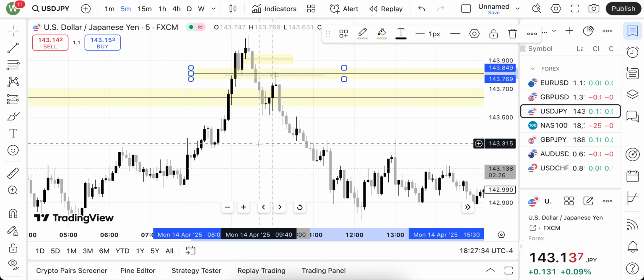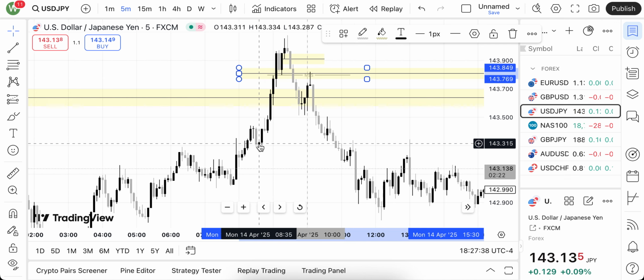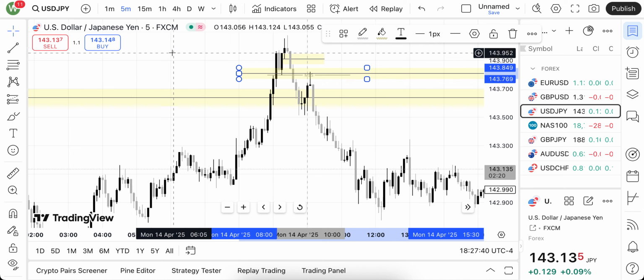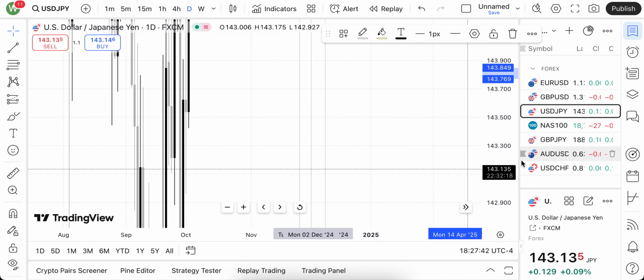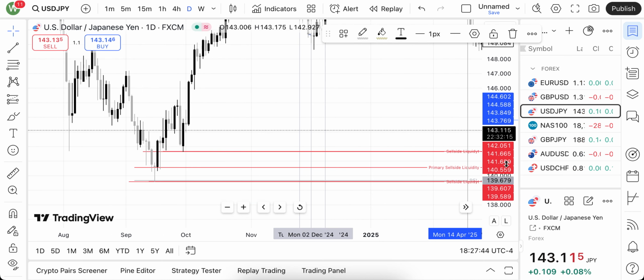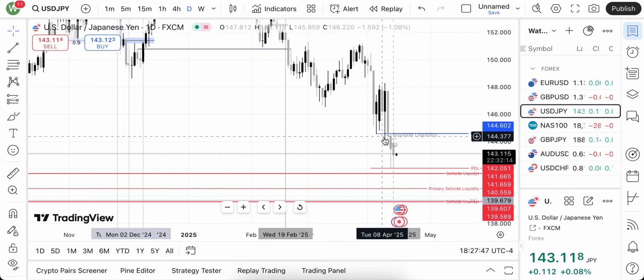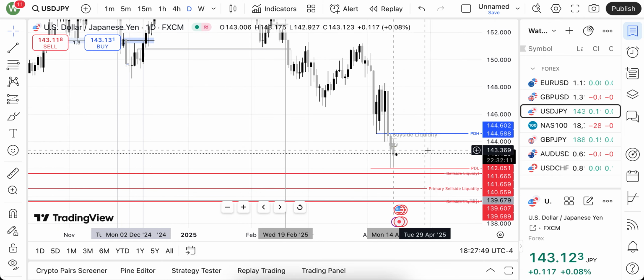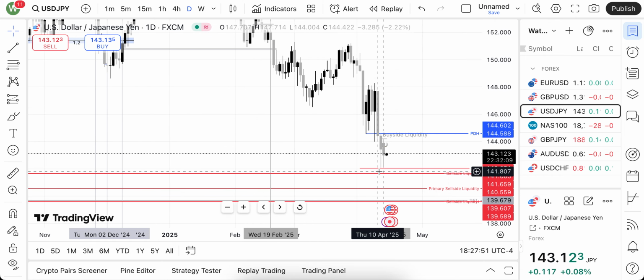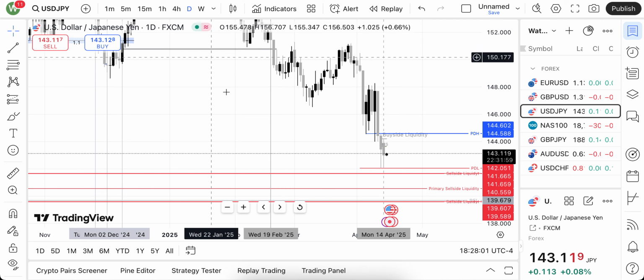But that's another example of trading daily bias. Like I said earlier, we looked at the previous days. Thursday, Friday, very strong bearish move. We saw the price traded to this point. It didn't quite trade into the sell side liquidity. So as we were coming into Monday, we expected price to attempt to trade into it. That's why we were looking for a bearish move.